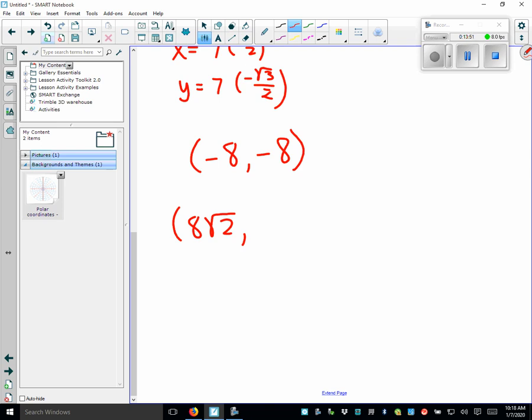Did you get that R squared was 128? Do you not have a radical program on your calculator that will simplify that for you? Oh, good job. Now, the point negative 8, negative 8, is in what quadrant?